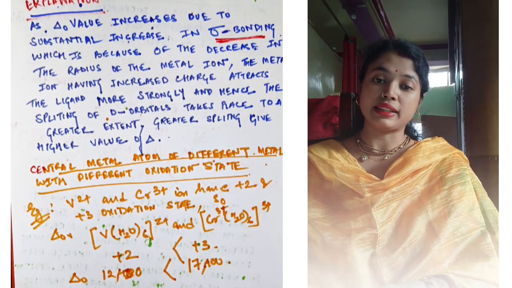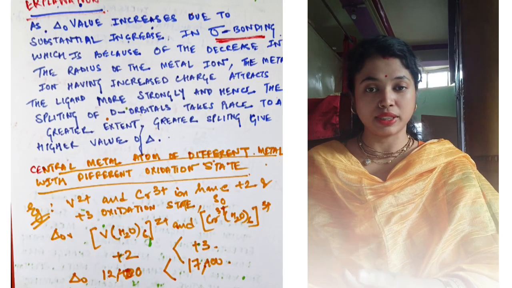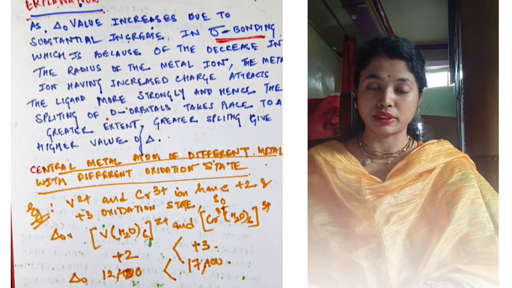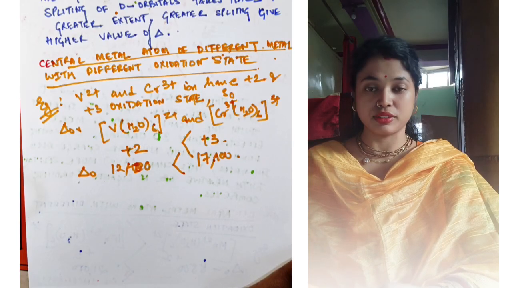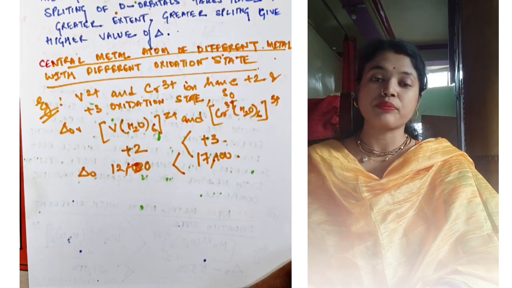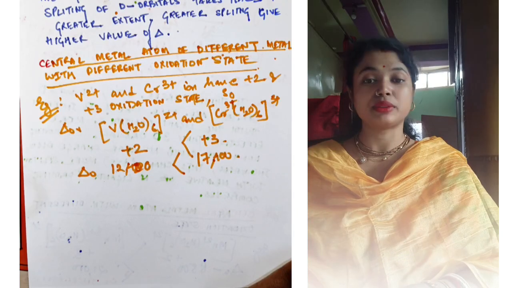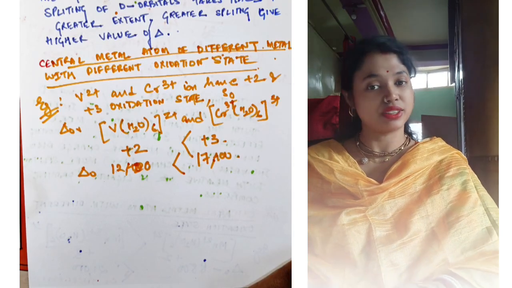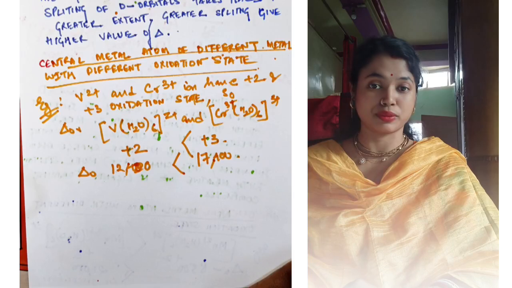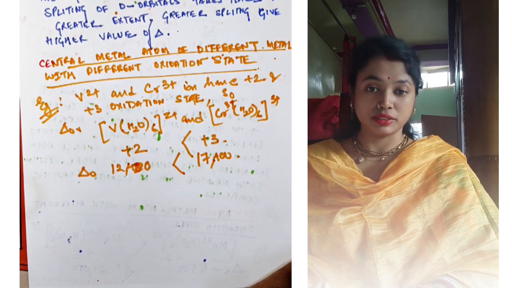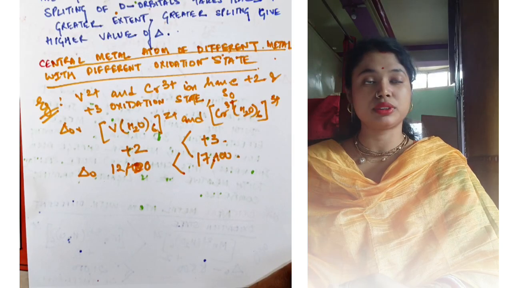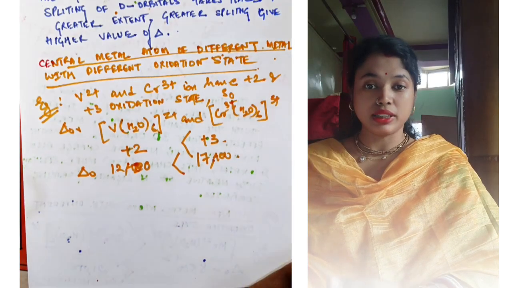This is because the central metal atom with the higher positive charge has greater attraction for the ligands, and hence the ligands can approach the central metal atom more closely than they approach the central metal atom in an ion with lower positive charge. Thus the ligands exert a stronger crystal field splitting effect on the orbital electrons of the central metal atom with higher positive charge, giving stronger crystal field splitting magnitude.